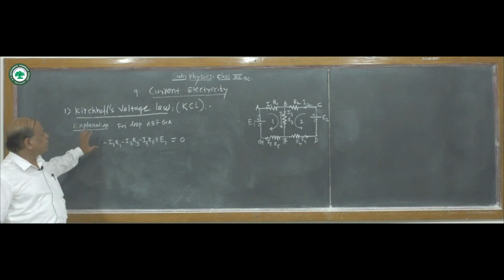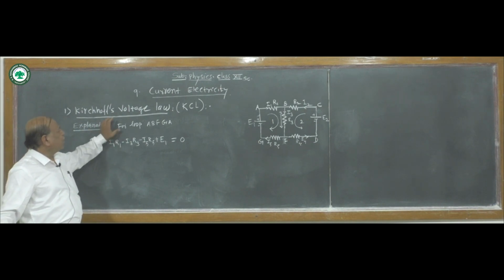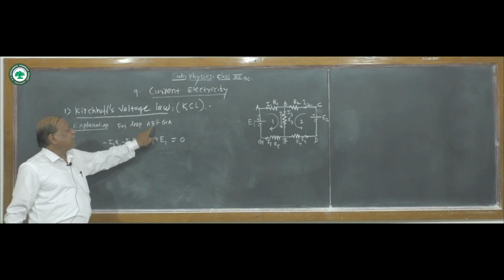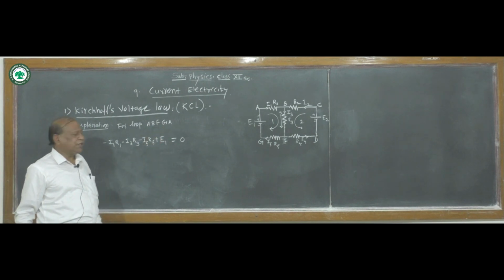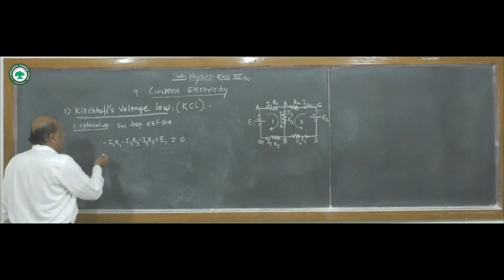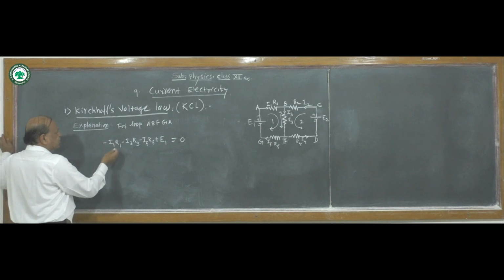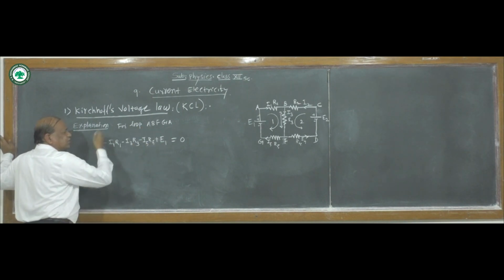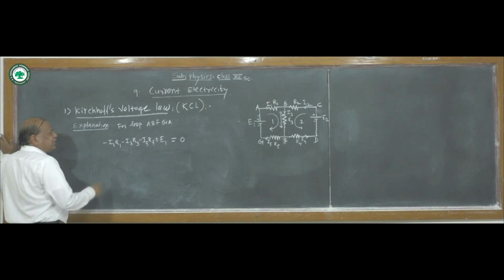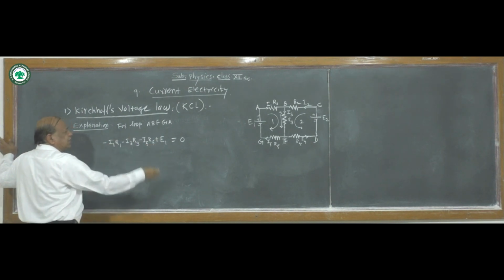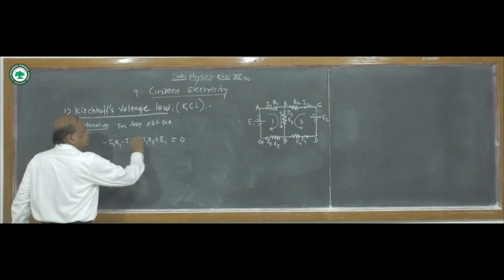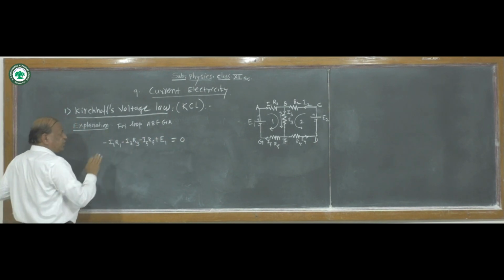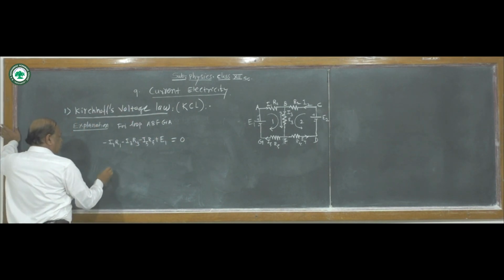This is Kirchhoff's voltage law applied to loop A, B, F, G, A. The algebraic sum of the PDs and EMFs in any closed loop is equal to 0. This is Kirchhoff's voltage law.